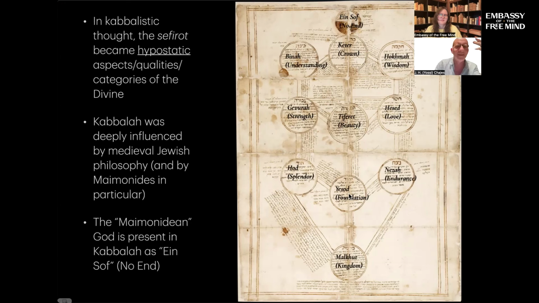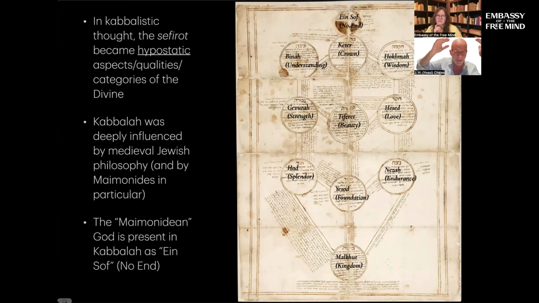Your mind may ascend the attributes of the tree, and you may have some understanding of especially the lower attributes, and maybe you can even get some inkling of wisdom and understanding, and crown is already above those.